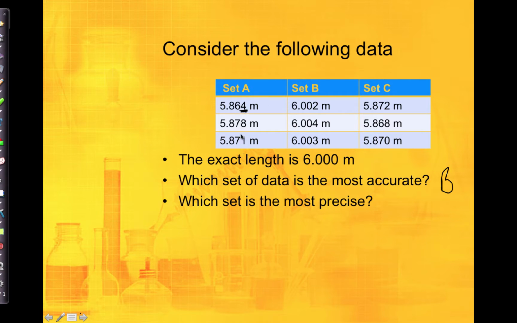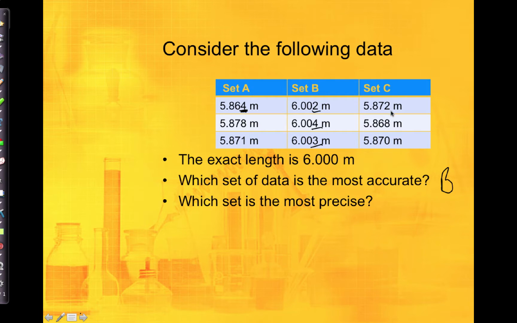The last number might fluctuate a little bit, and that's okay, because remember, the last number is the one that's actually estimated. The other numbers should all stay the same. If it's precise, everything else should be the same. So looking at this set of data right here, I've got 5.86, 5.87, 5.87, and then all of these numbers, of course, are different. If I look at this set right here, this is the only number that has changed. Everything else is consistently 6.00.